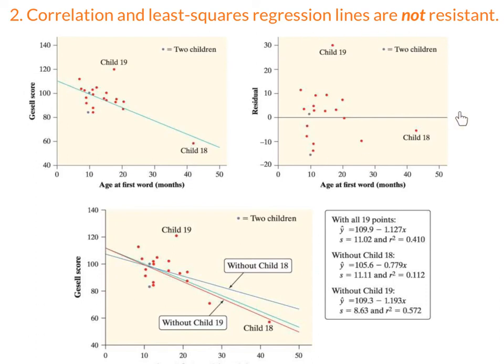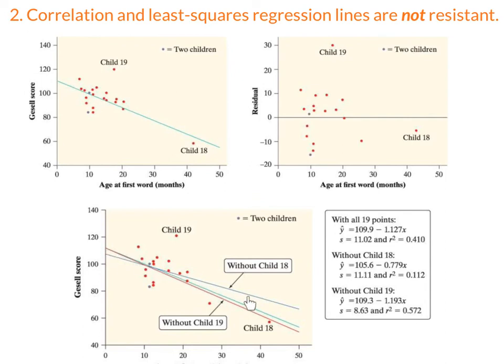And if you were to make a residual plot, you'd see that child 19 goes all the way up here and child 18 is all the way over here. So what would happen to our lines of best fit and our correlation values if we removed each of those kids from the data? Now, it may not seem that significant, but this green line is the same green line here, including both kids.